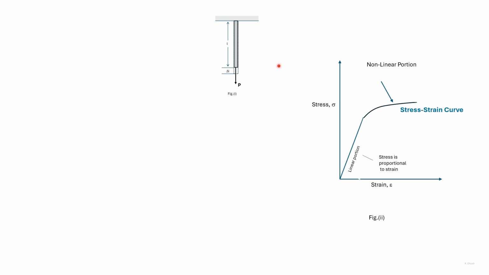A stress-strain curve can be developed for tensile loading, as is the case here, but it can also be developed for compressive loading. With tensile loading, as the length extends, there's also a reduction in the cross-section area of the bar.